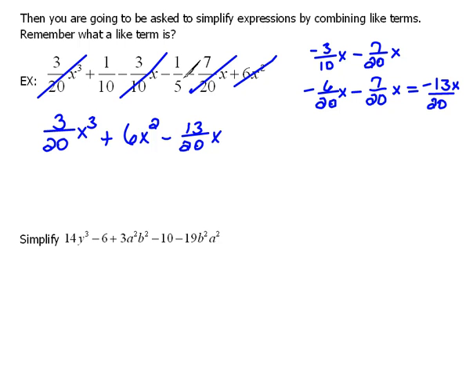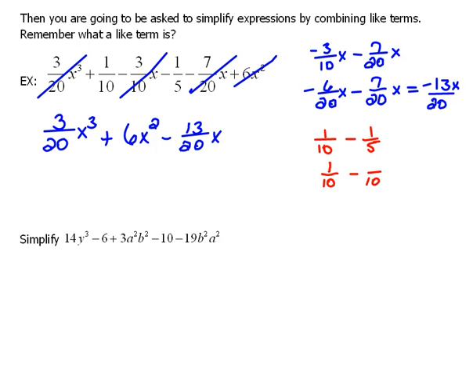Lastly, we have our plain numbers. So in this case, it would be positive 1/10 and a negative 1/5. And again, we can combine those because those are just plain numbers, so they're like terms. But in order to be able to combine them, we have to have a common denominator. In this case, that would be a 10.